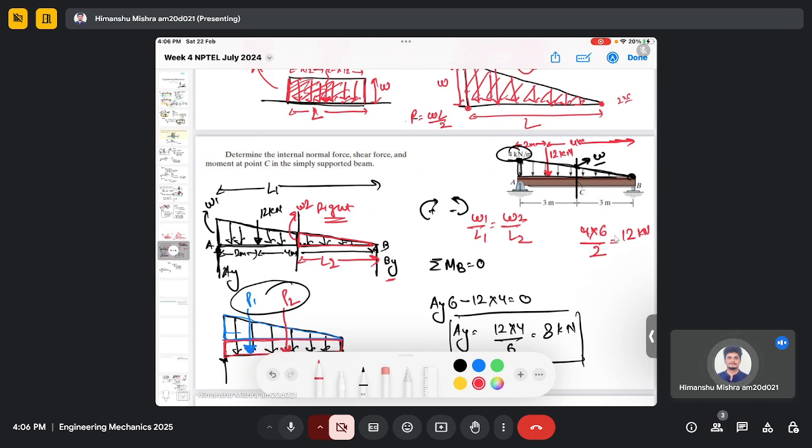Okay, and this is valid at any point on this triangle because it varies linearly. So W1 is the loading at the end and L1 is the total distance from that loading to the end of the beam. And this ratio should be equal to W2, which is the loading at C, and L2 is the distance from C to the same end B.